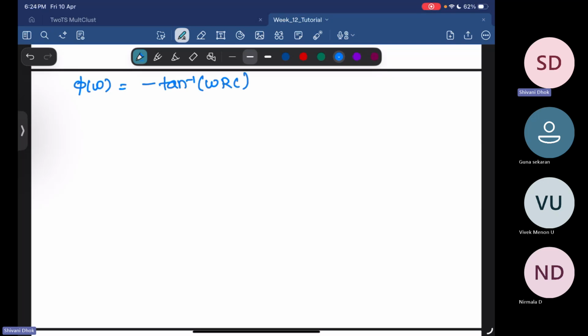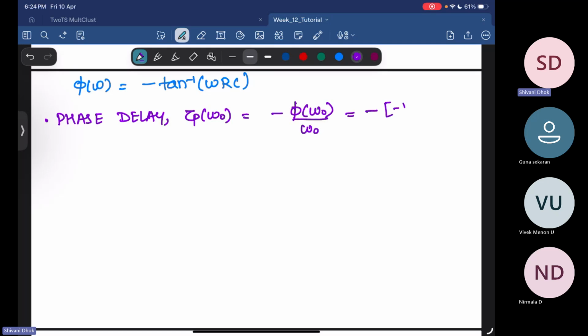So now let us start with the phase delay. This is minus phi of omega naught by omega naught, which is equal to minus of minus tan inverse of omega naught RC divided by omega naught.